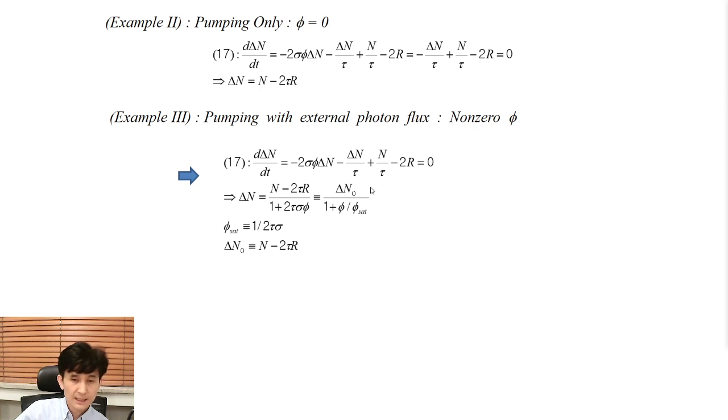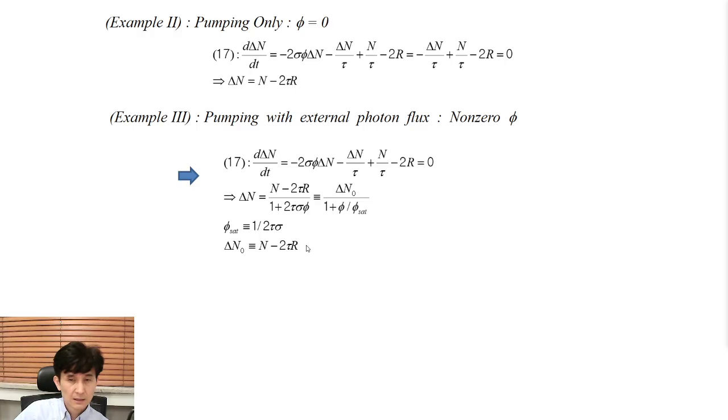So delta n is delta n0 over 1 plus phi over phi set, and delta n0 is n minus 2 tau R, when there is no photon flux.